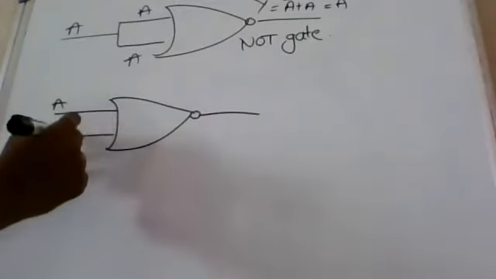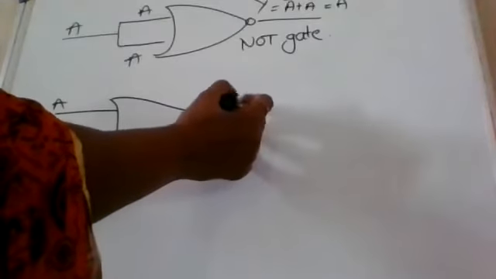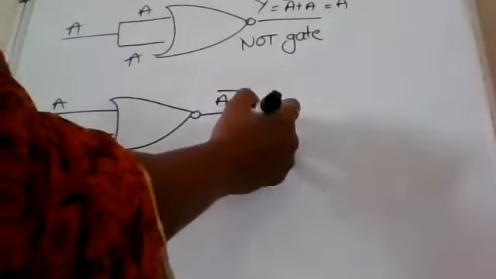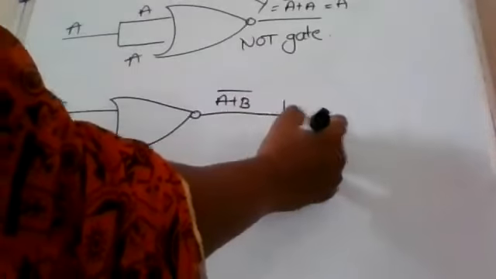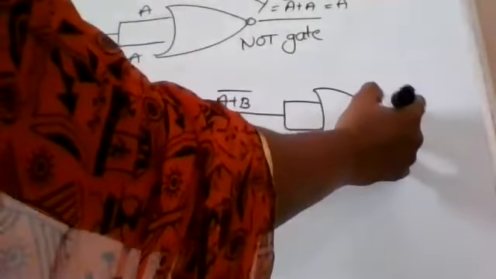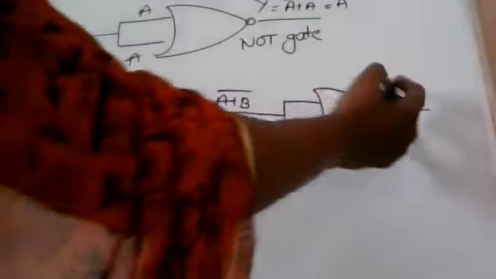So this is the NOR gate, A comma B inputs. What is the output here? A plus B complement. Using NOR gate, A plus B complement.